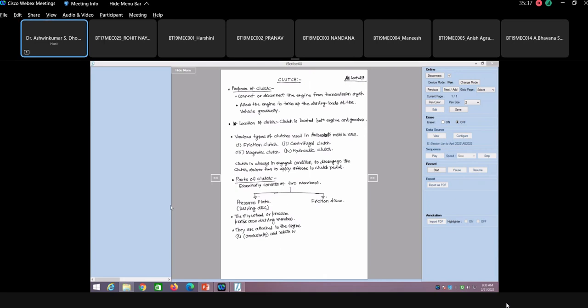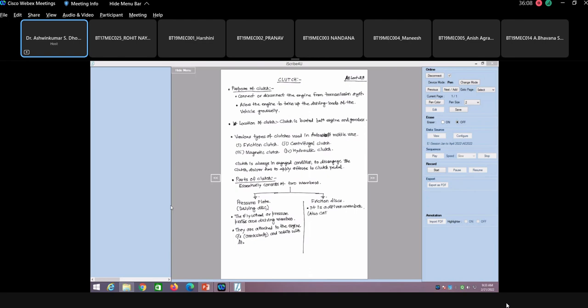So naturally the power will first come to the flywheel or the pressure plate. Now coming here, it is a driven member, also called as driven plate or driven disc.